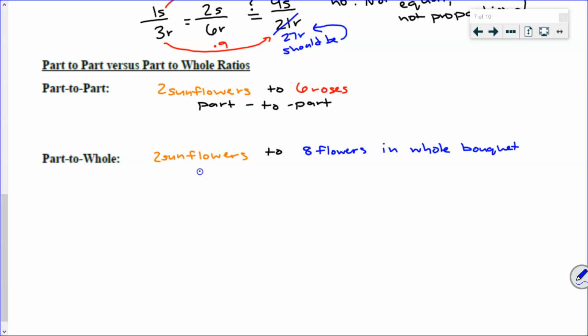Again, this means I've got the part to the whole amount. How did I find that whole amount? We added up the part and the other parts, add that up together, and that's how I get the total or the whole amount of 8.